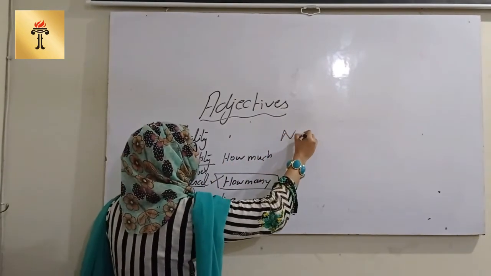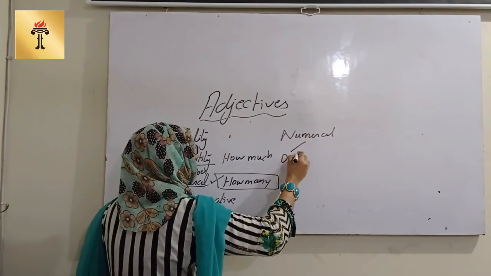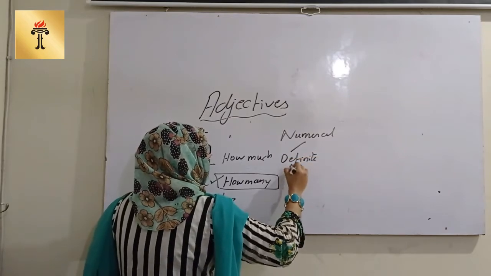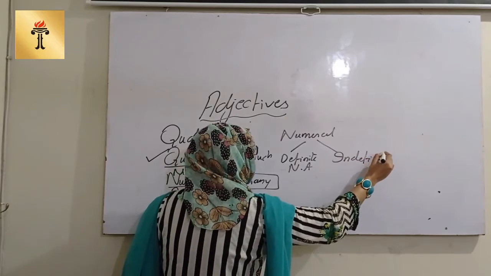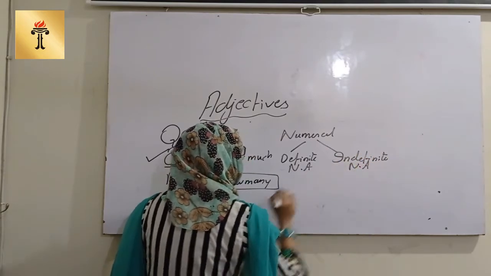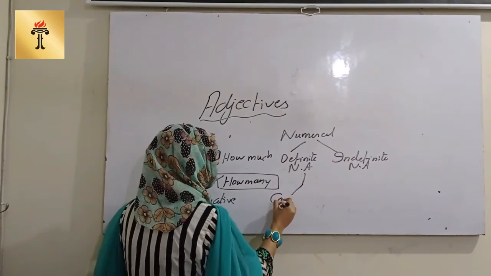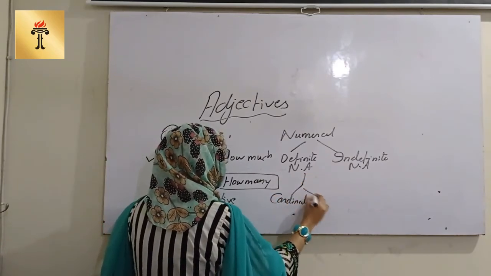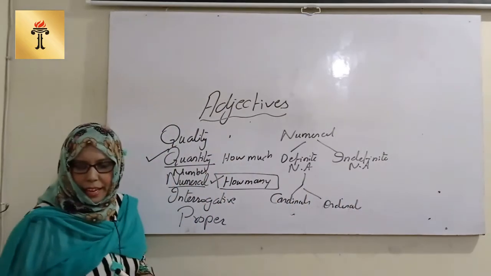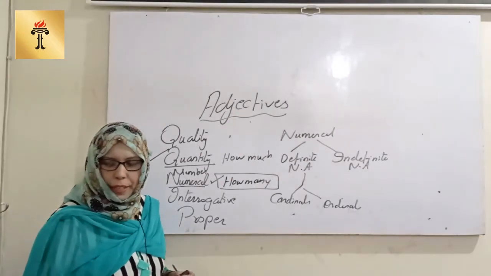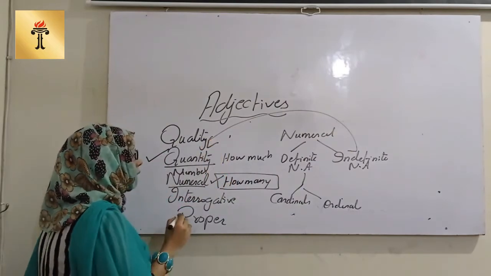The numeral adjectives can be further divided into definite numeral adjectives and indefinite numeral adjectives. Definite numeral adjectives will be further divided into cardinals and ordinals, and indefinite adjectives will be the same as we have in quantity.